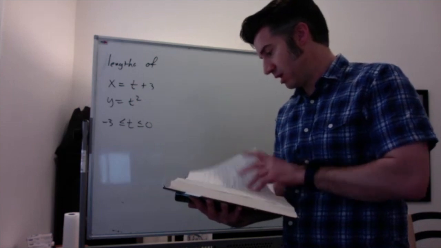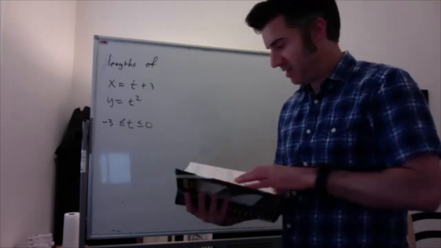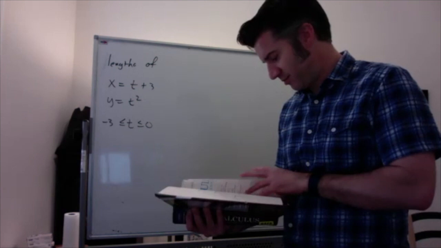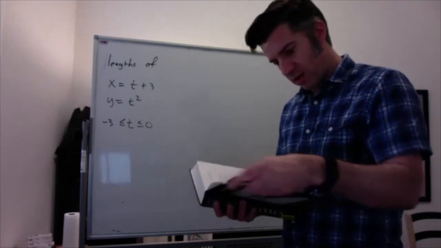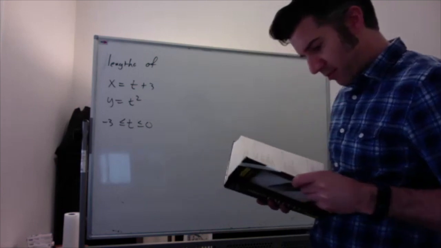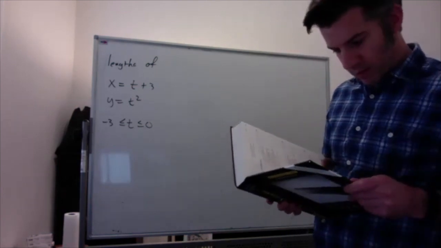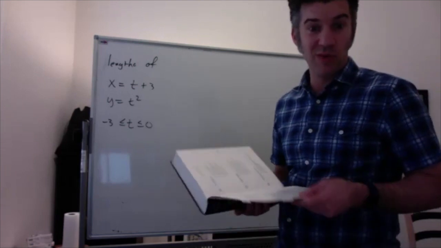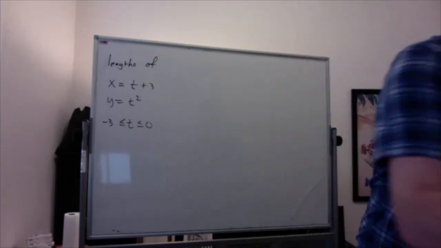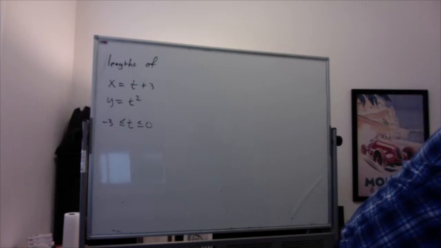You could look in the beginning, that would probably be easier. Let's look at the beginning. In my textbook, we are looking at chapter 11. So this is probably most closely associated with section 11.2, although it might be slightly different if you have a different version of the text.